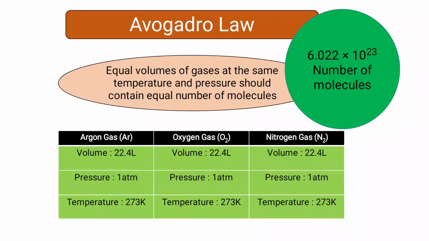This is what Avogadro law states. So with volume of 22.4 liter, all the 3 gases, that is argon, oxygen and nitrogen, contain 6.022 into 10 raised to the power 23 number of molecules at 273 Kelvin and 1 atmospheric pressure. This is what Avogadro law states.